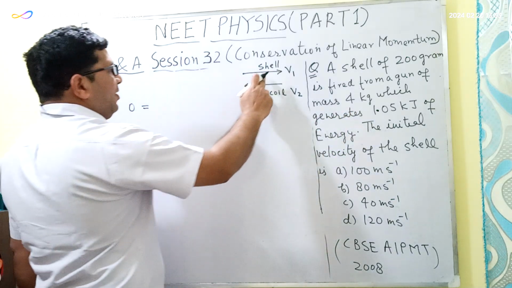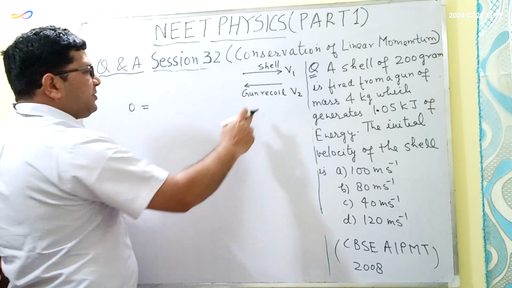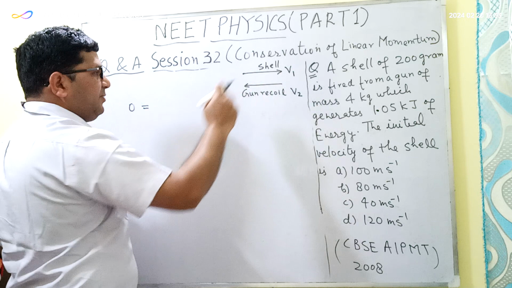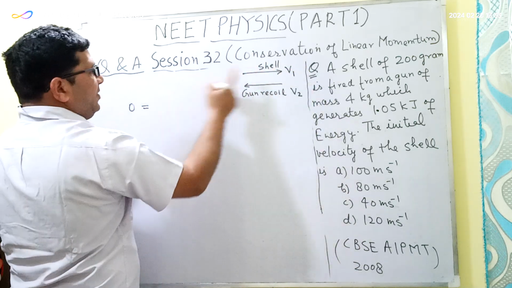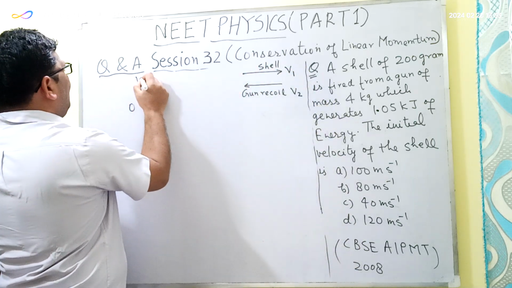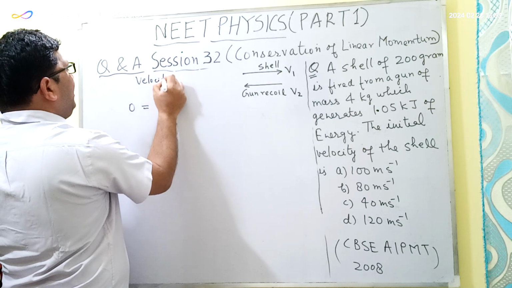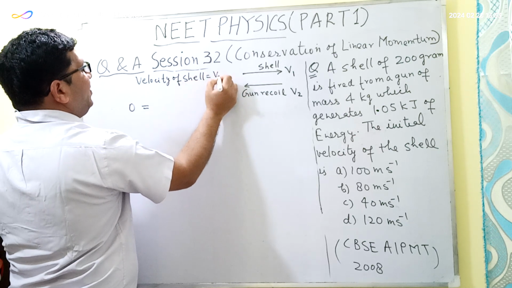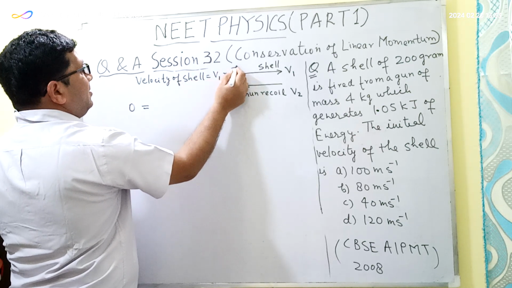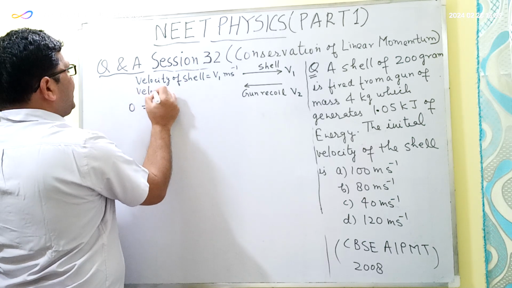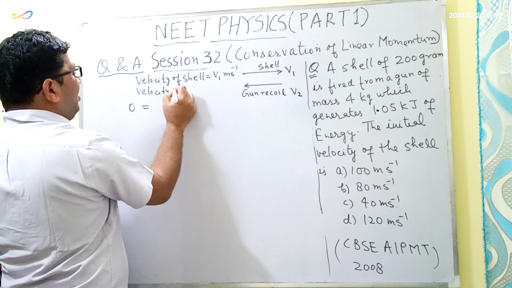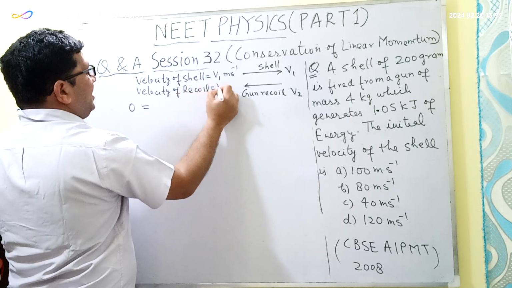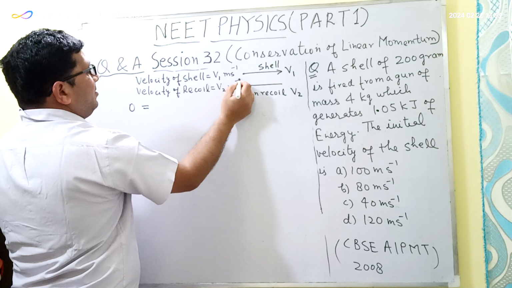After the firing, the velocity of the shell is V1 meter per second, and the velocity of the gun recoil, which is in the opposite direction, I have taken as V2 meter per second.